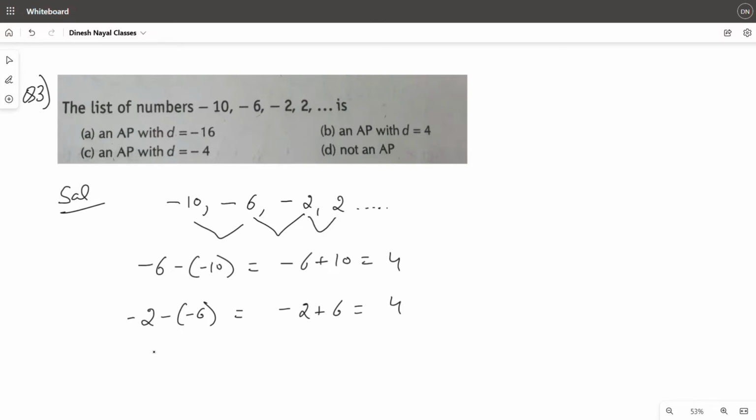And of these two terms it is 2 minus of -2, that is 2 plus 2, which equals 4. So we can see that the common difference is constant. Hence this is an AP with a common difference of 4. So option B is correct.